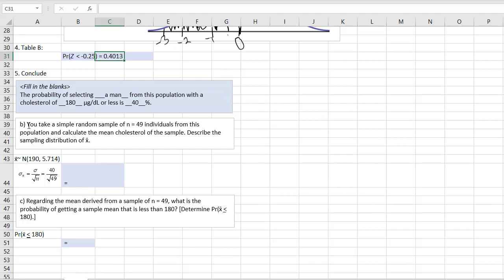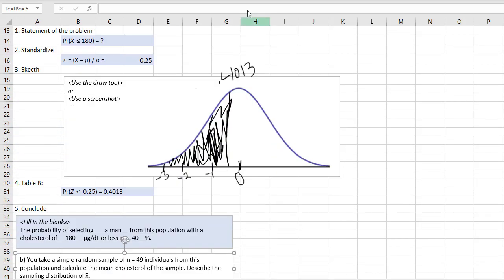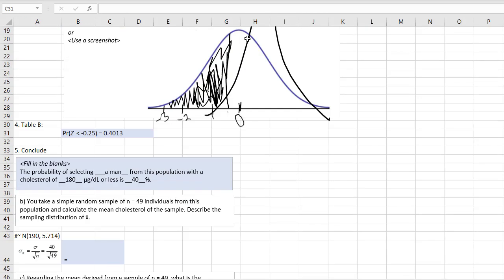Let's move over to: you take a simple random sample of n equals 49. So 49 individuals from this population, and calculate the mean cholesterol of this sample. Describe the sampling distribution of the mean. So remember, what's different about the sampling distribution of the mean is, if this is a normal Z bell curve, we're looking at something much narrower, like this.